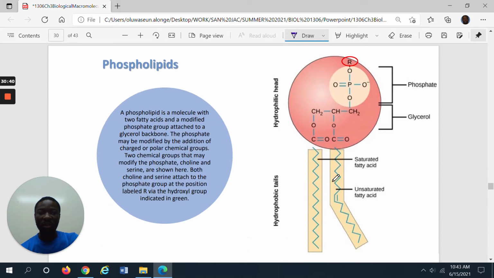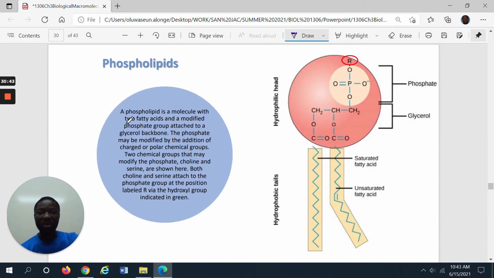All right. Now, a phospholipid molecule has 2 fatty acids and a modified phosphate group attached to a glycerol backbone. The phosphate group may be modified by the addition of charged or polar groups. The 2 chemical groups that may modify the phosphate group are choline or serine. Both serine and choline are attached to the phosphate group at a position labeled R, just for modification.